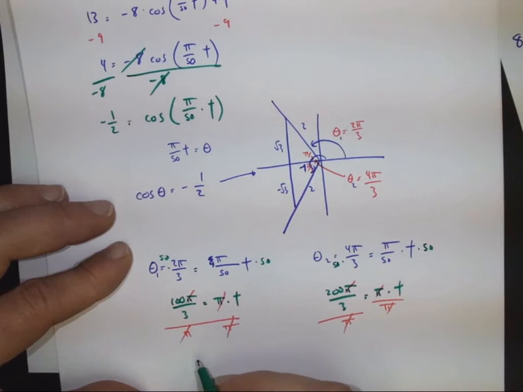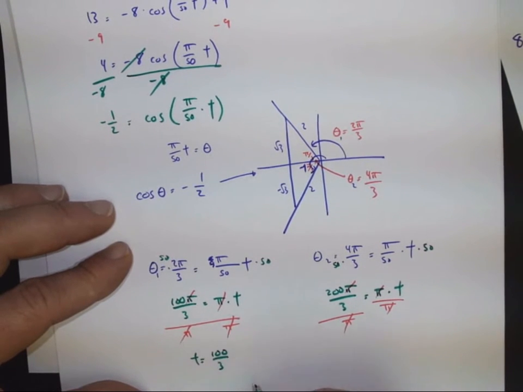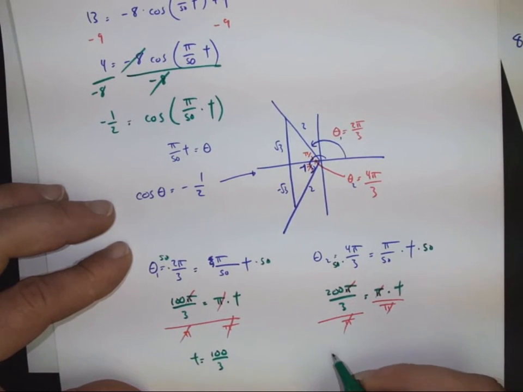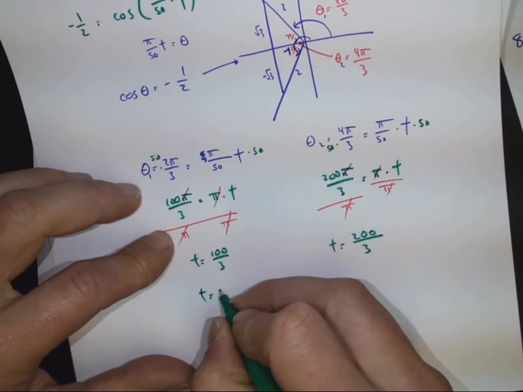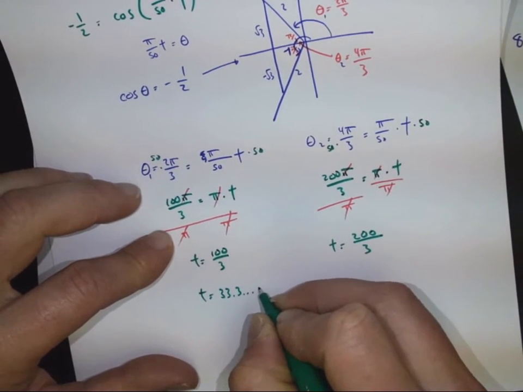And we end up that our time is equal to, he's 1/3 of his way through his trip when he's 13 meters up. And he's also 2/3 of his way through the trip. So that means these times correspond to 33.3 seconds.